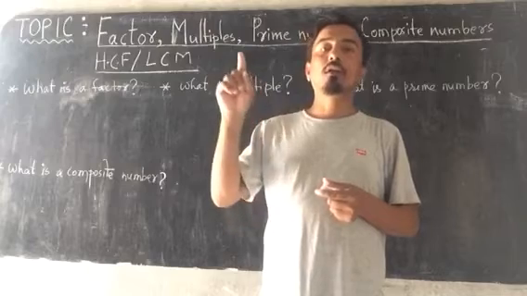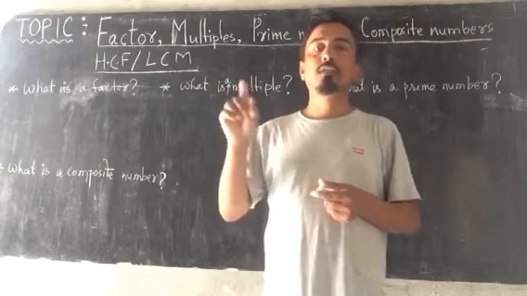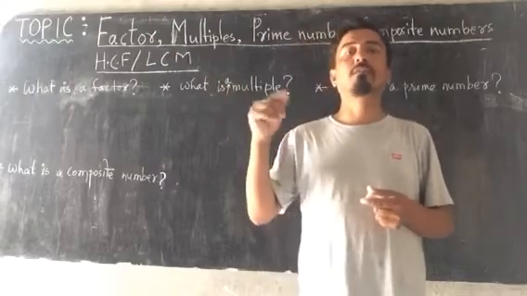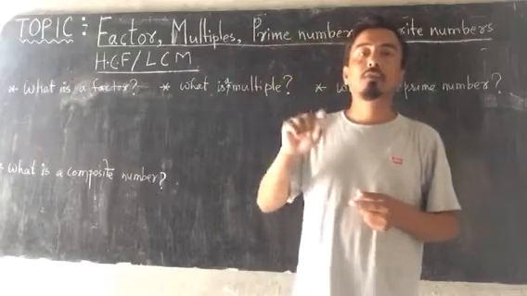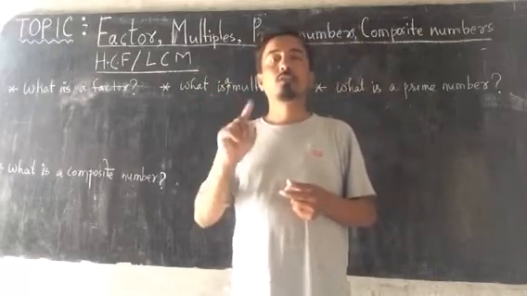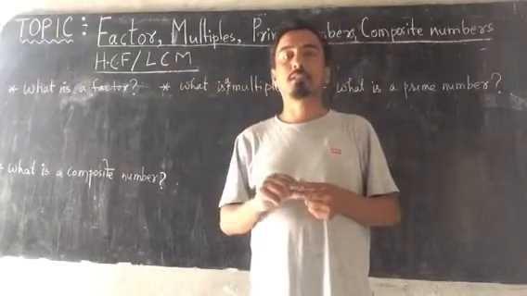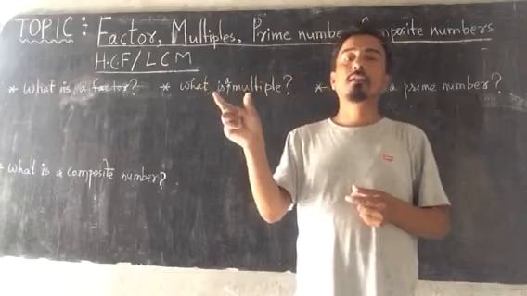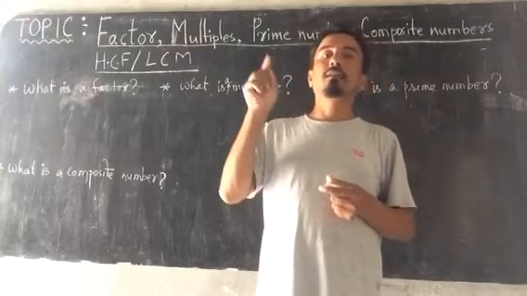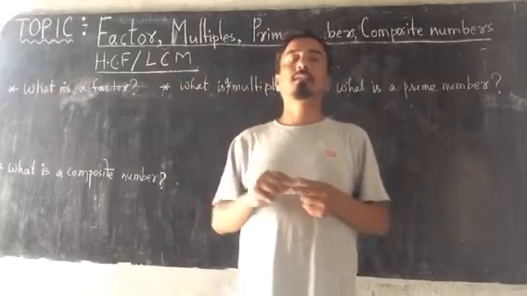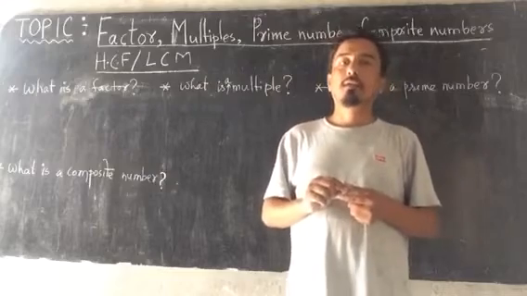Like which numbers are divisible by 2? 2 can divide 2, 2 can divide 4 completely, 2 can divide 6, 2 threes are 6, 2 can divide 8, 2 fours are 8, 2 can divide 10, 2 fives are 10, 2 can divide 12, 2 sixes are 12. In that way, this set of numbers which are divisible completely by a particular number will be called the multiples of that number.